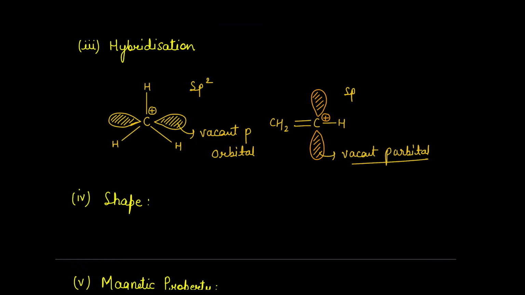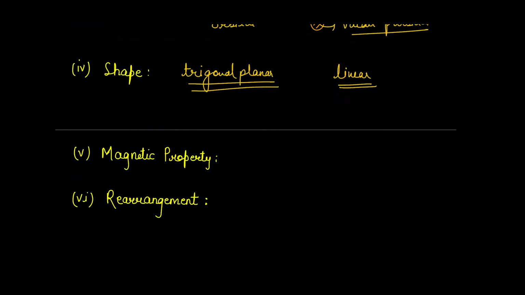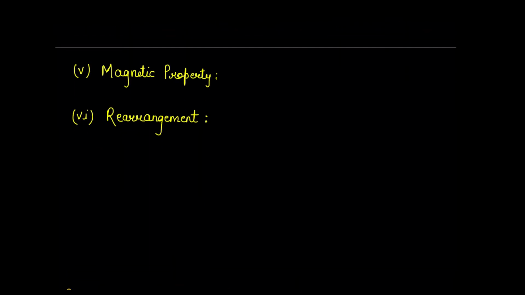If we talk about the shape, sp2 has trigonal planar, and sp has linear shape. Coming to magnetic properties, as we do not have any unpaired electrons in carbocations, it is diamagnetic in nature.